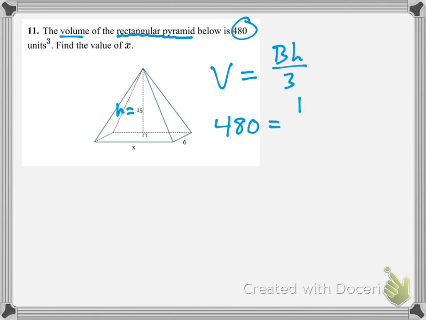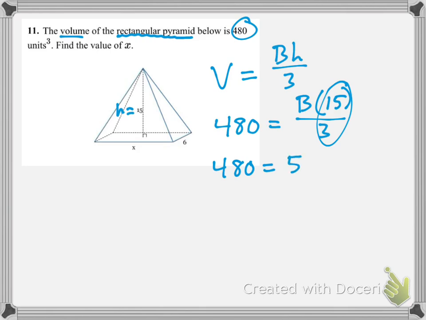Capital B times 15 divided by 3. Well, I can simplify this. 15 divided by 3 is 5. So 5B, divide by 5. I get 96.